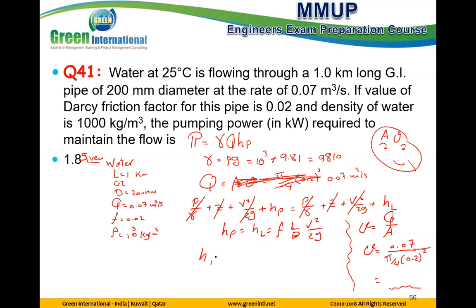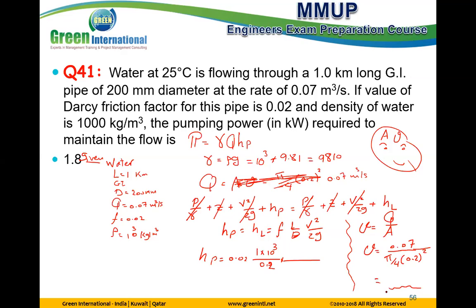HP equals F, which is 0.02, times L, 1 kilometer, which should be converted to meters, correct? Divided by D, 0.2 meter, times V square over 2G.